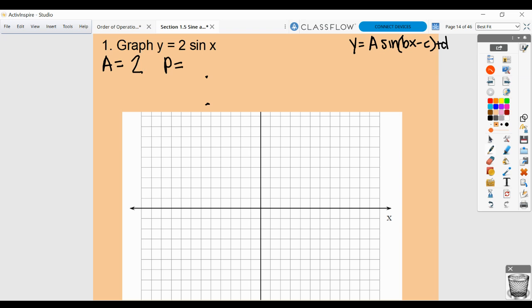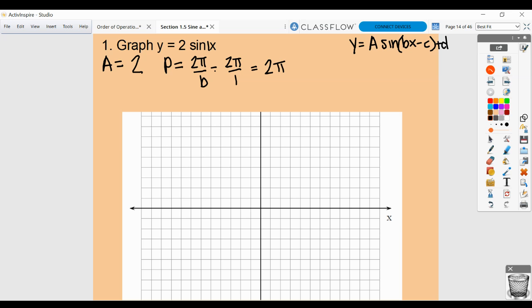So your amplitude is 2. Your period is the formula 2 pi over b, and b is always the number in front of x. What number is in front here? It is a 1. So it would be 2 pi over 1, which is just 2 pi.